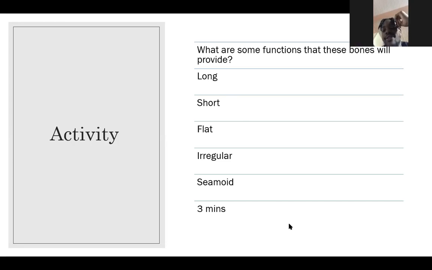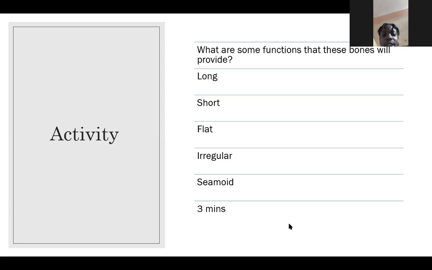All right. So long bones are for movement. Short bones are for stability and support. Flat bones are for protection.